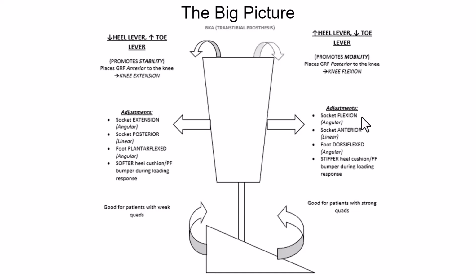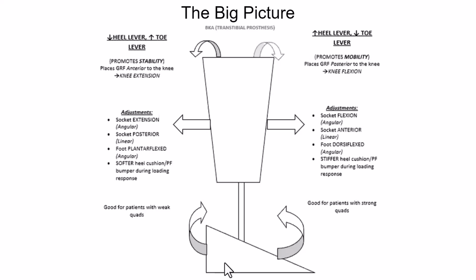Things that the prosthetist can do to help with this are going to be to flex the socket. That would be represented by this arrow here, or if you can imagine the socket is flexing forward. The socket can be moved linearly, anteriorly on the foot. The foot can be dorsiflexed, this arrow here.